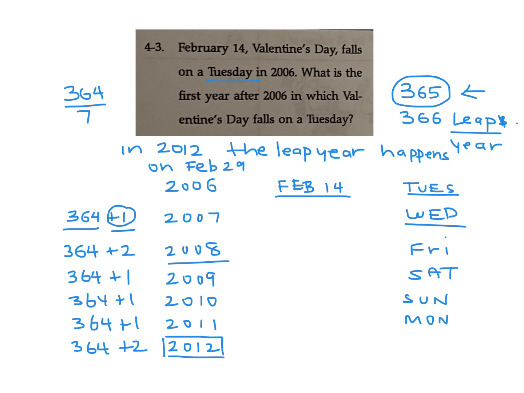So that extra day would happen after February 14th. Because of that, this is actually not a +2. It's actually just a +1 until we get to February 14th, and then after February 28th, we get an extra day for that year. So we really are just working with +1. So this will become a Tuesday. So finally, that February 14th would actually be a Tuesday in 2012.